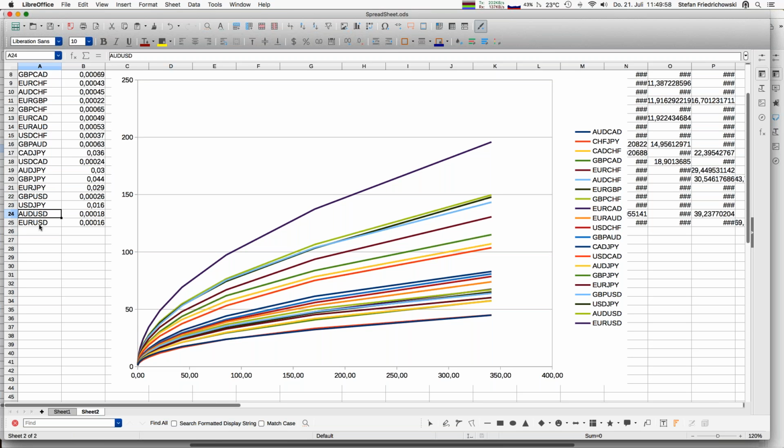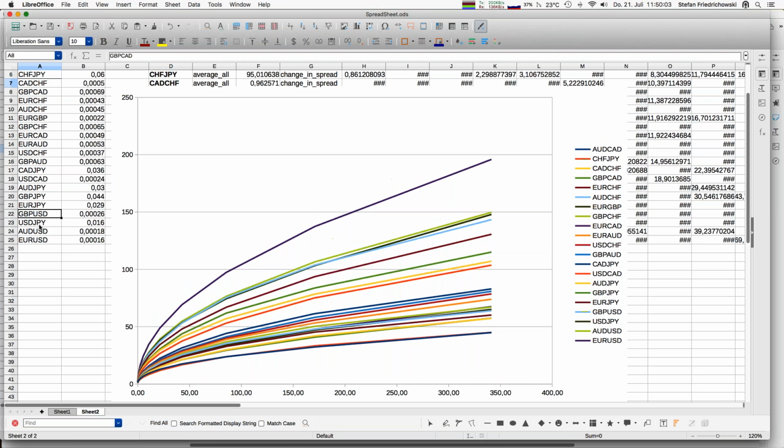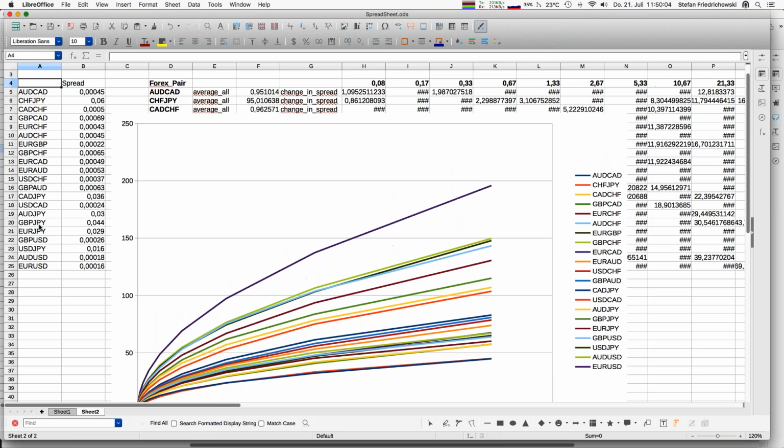It is more or less a list of the major currencies, and going upwards, you then come to other currency pairs which are not that popular and not to be traded as easily as others.